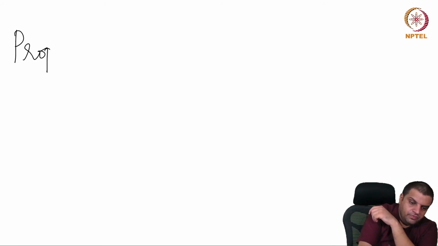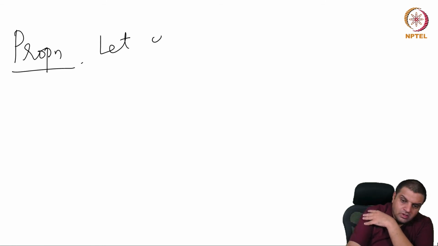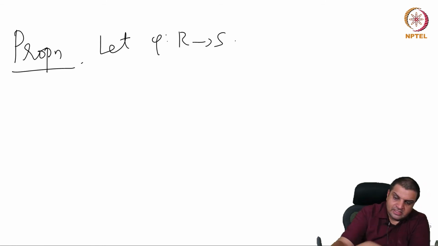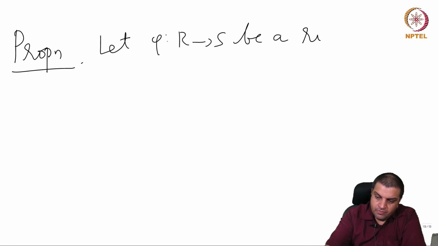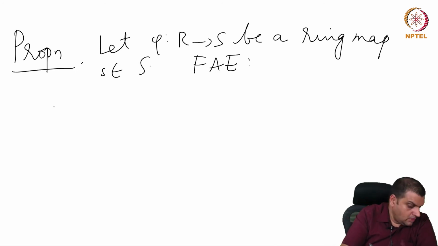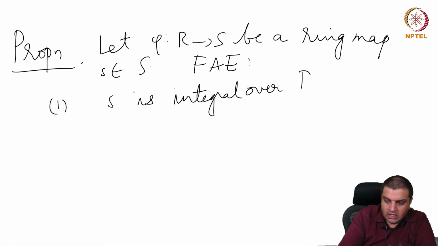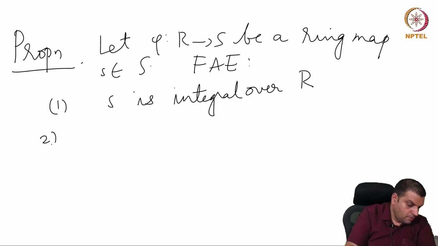Okay, so now here is a proposition. Let phi from R to S be a ring map, and s inside S, then the following are equivalent. 1. s is integral over R. 2.